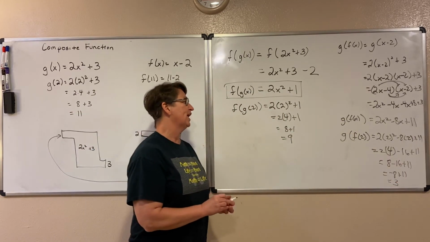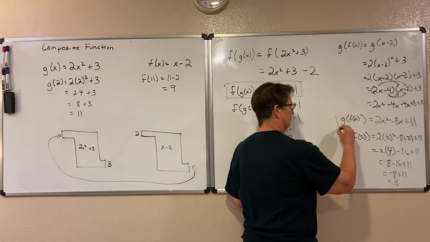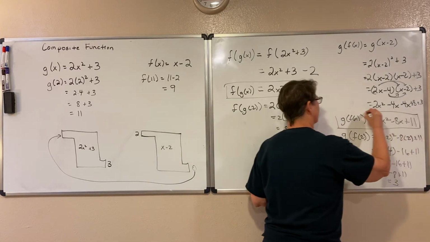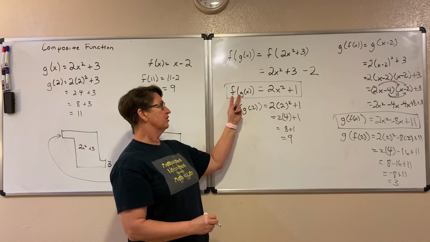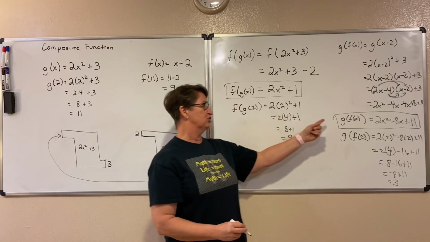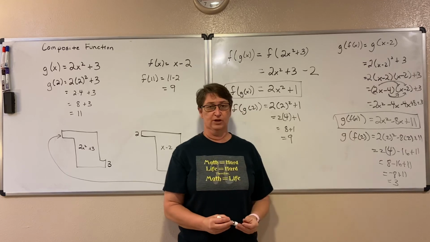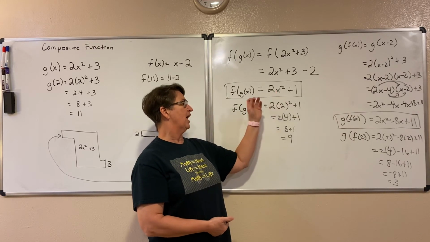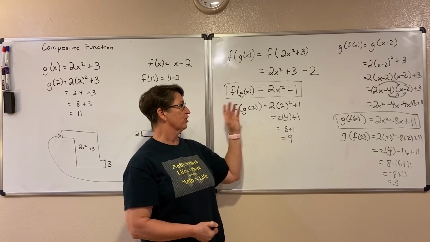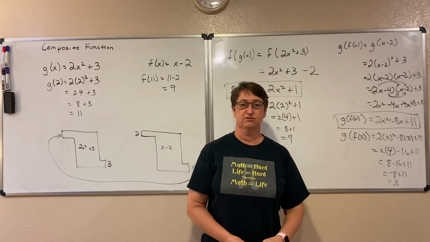So here I've created 2 different composite functions. And also notice that f of g of x and g of f of x are not equal to one another. So we've created a new function that does the work of both functions in both cases.